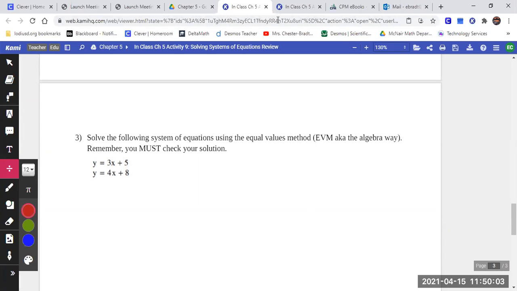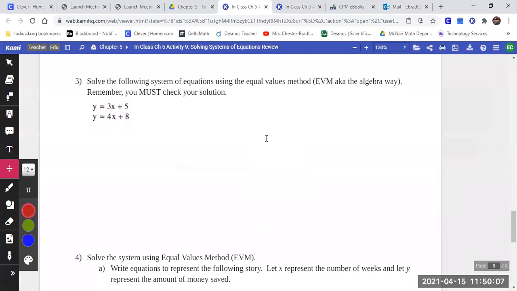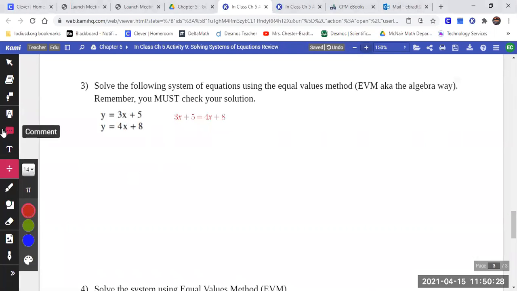So equal value method means exactly that. We're setting the equations equal. So we have 3x plus 5 that's going to equal 4x plus 8. And we're going to do our big zeros and big ones and figure out what x is.